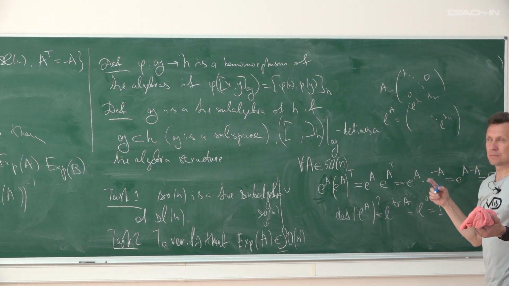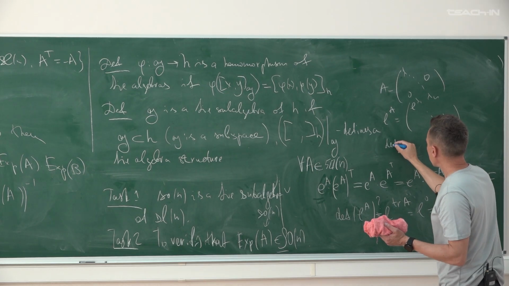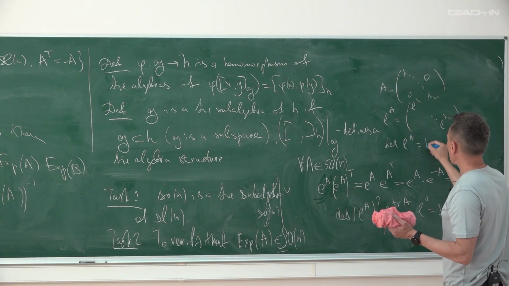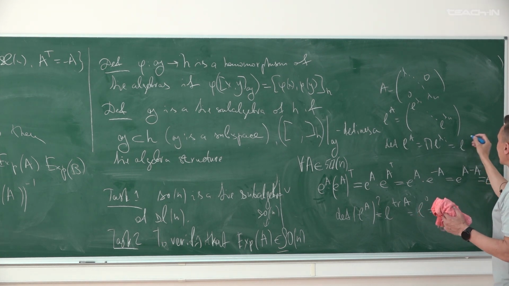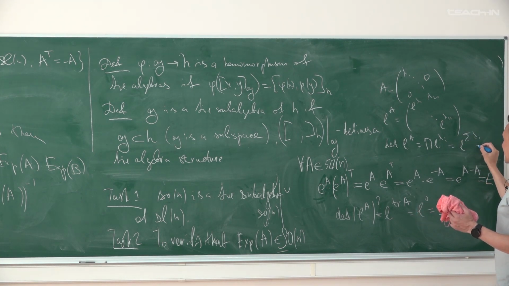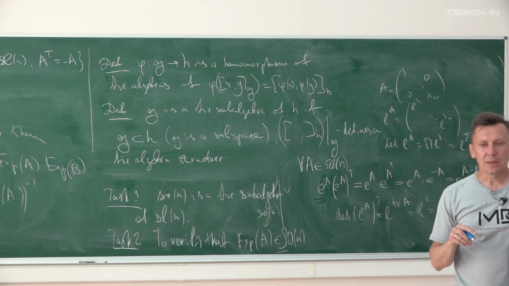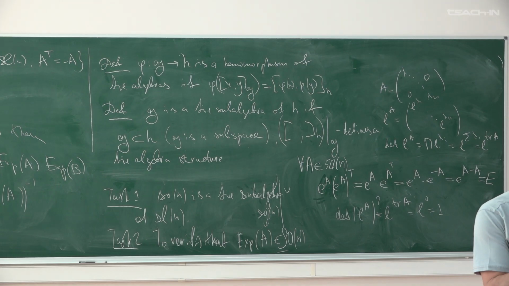And then the determinant is the product of these, the exponential of the sum of lambda, and this is the exponential of the trace of A. So for non-diagonal it will not work like that.